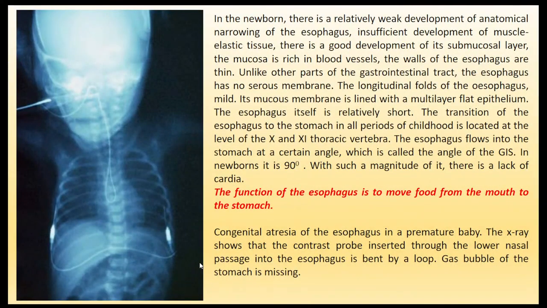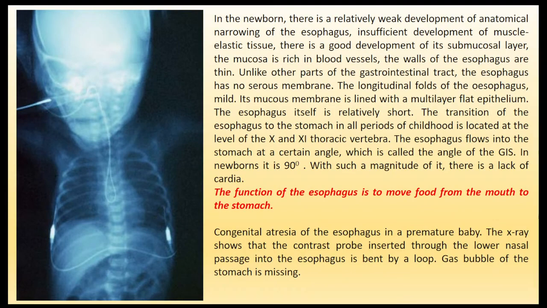You can see one of the problems of early age patients. In the newborn, there is a relatively weak development of anatomical narrowing of the esophagus, insufficient development of muscles and elastic tissue. There is a good development of its submucous layer. The mucosa is rich in blood vessels.